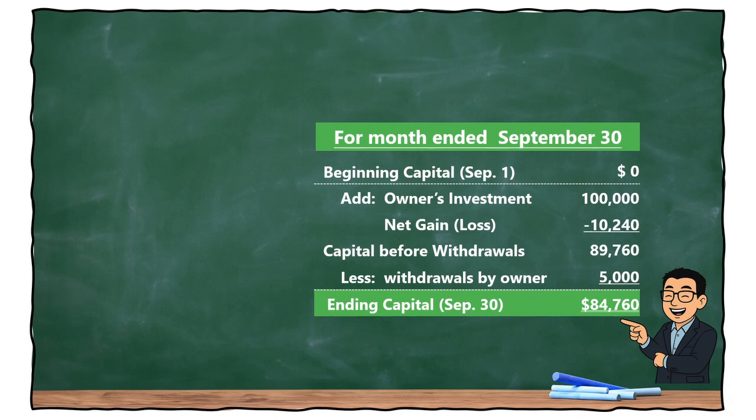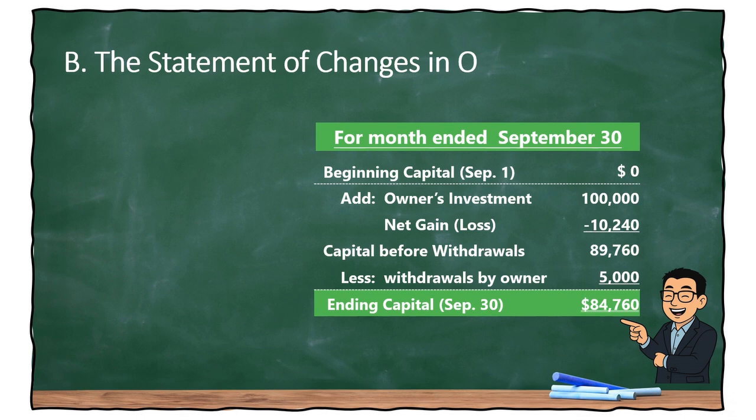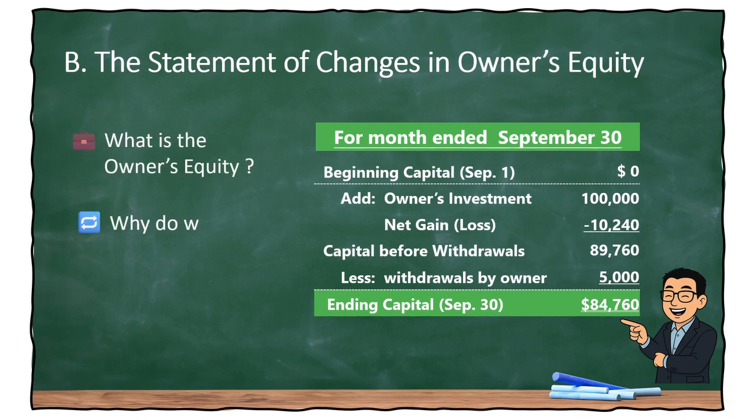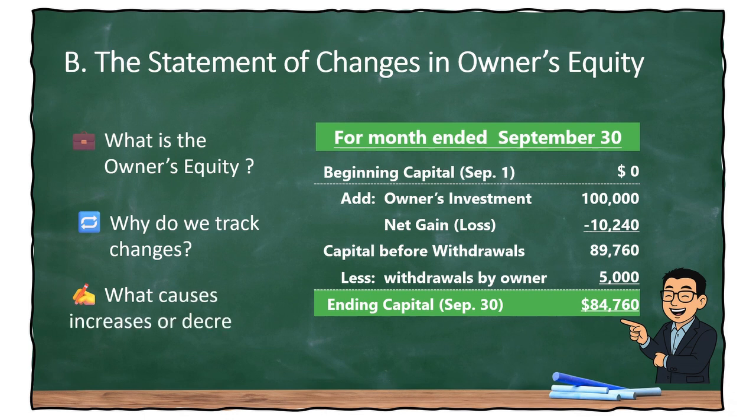Now, let's take a look at the statement of changes in owner's equity. This report explains how the owner's claim on the business, called owner's equity, has changed over the month. We start with the beginning capital, which was $0 since Jane just started her business. Then we add the owner's $100,000 investment, which increases equity. But we also need to subtract the net loss from the income statement.